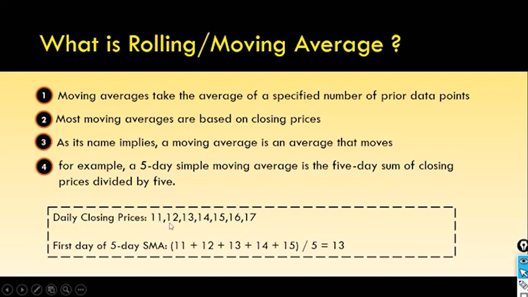For the second day's moving average, you drop the first one, start from the second one, and add these 5 values.